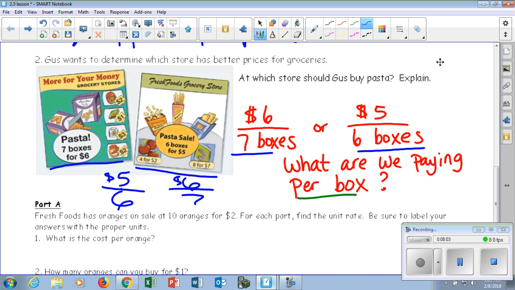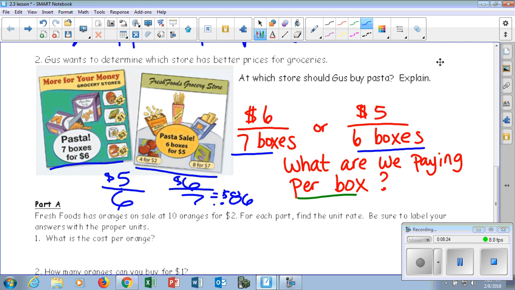Well, if we were to divide those, this gives us 0.857, so we can round that to about 86 cents.